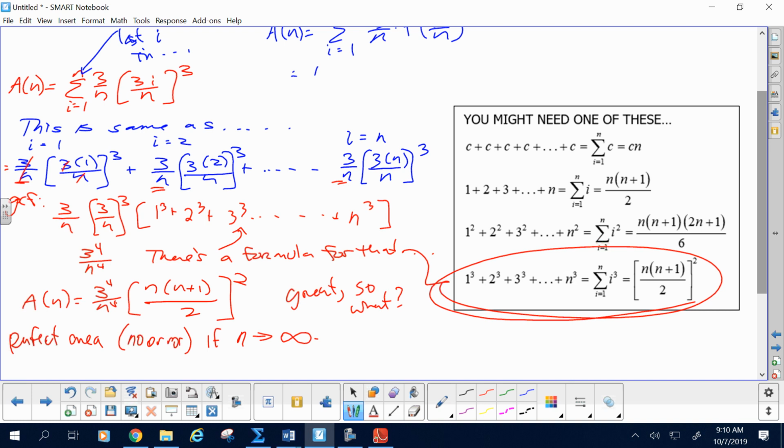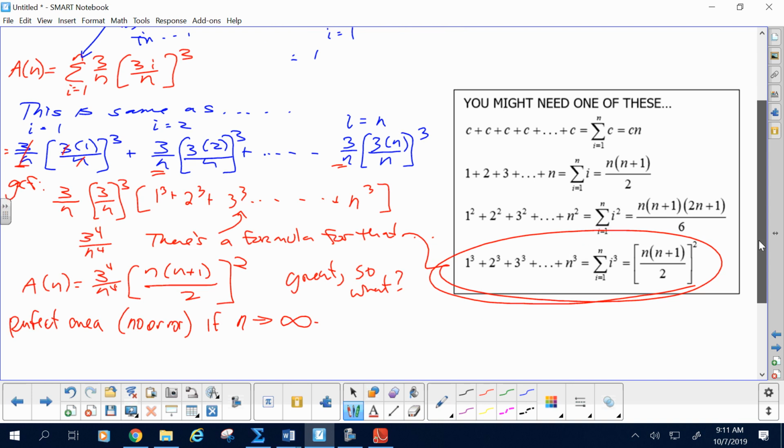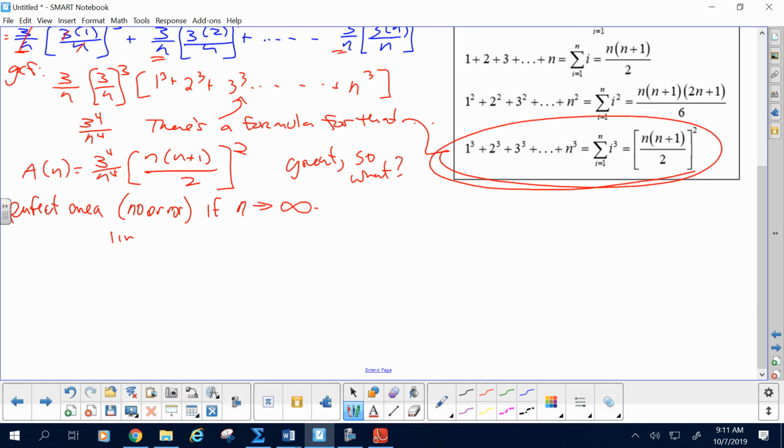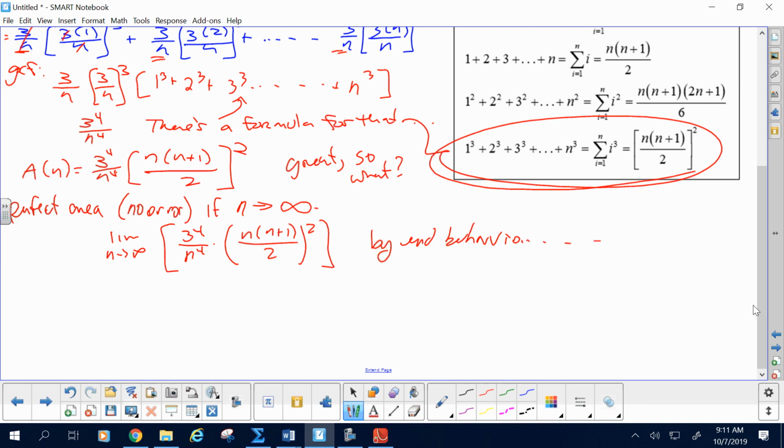I don't know. But this, if I take the limit as n goes to infinity of 3 to the 4th over n to the 4th times n over n times n plus 1 squared, all squared, and by n behavior, because we're talking infinite. Well, let's start with the powers.